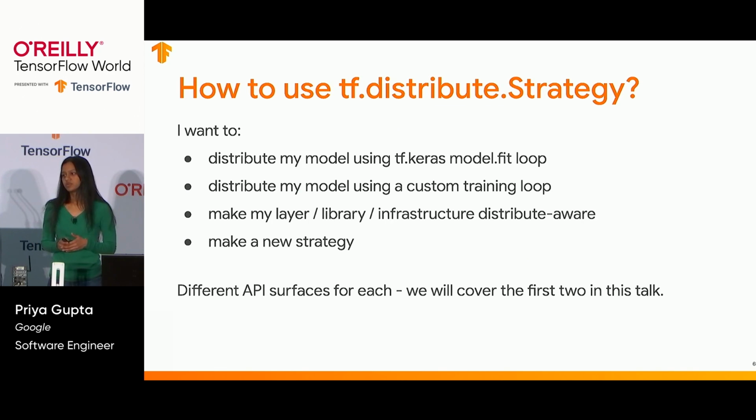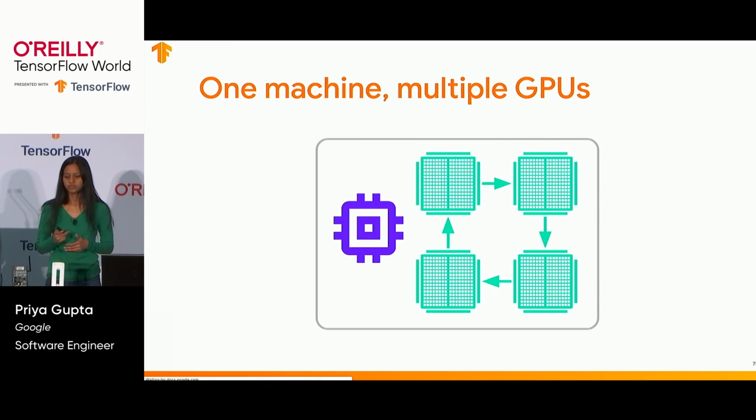The third use case is maybe you don't have a specific training program, but maybe you're writing a custom layer or a custom library, and you want to make it distribution aware. And finally, maybe you're experimenting with a new distributed training architecture, and you want to create a new strategy. In the talk here, I'm only going to talk about the first 2 cases.